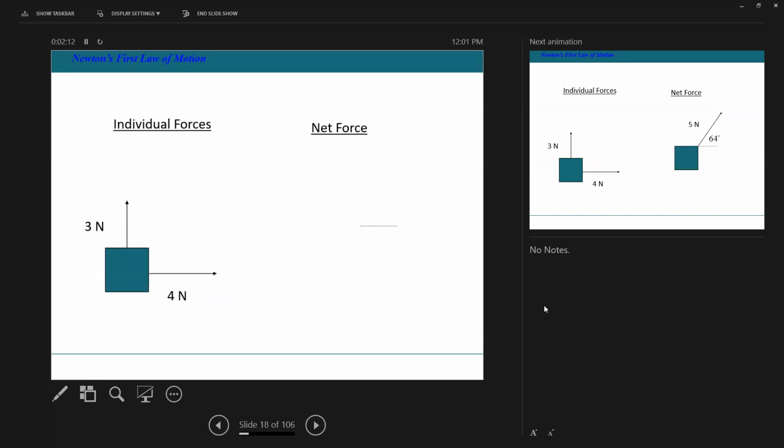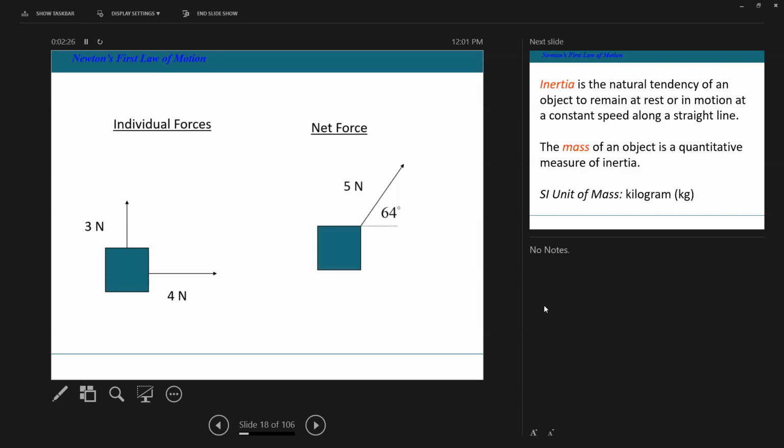Same thing, let's say you have a force going up at 3 and a force to the right at 4. So what's your resultant? Again, we talked about this with vectors. Your resultant would be the square root of 4 squared plus 3 squared, so you get 5, with an angle of 64 degrees. And we talked about this in the third chapter.